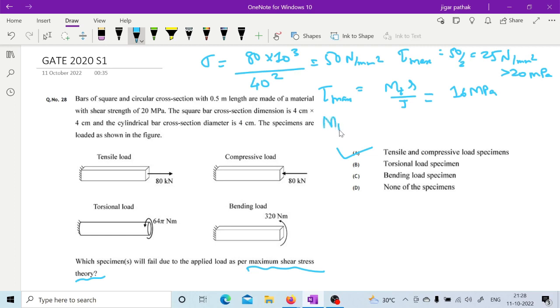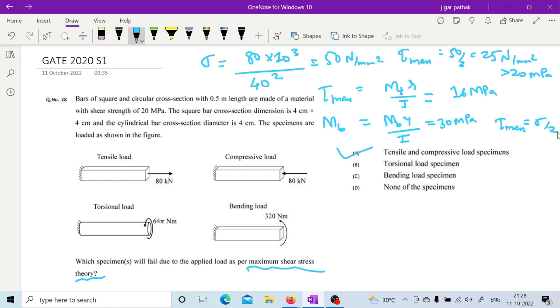Third, 15 is coming, right? And for bending moment it is My by I. If you go for My by I, you will find, I guess, 30 megapascal.